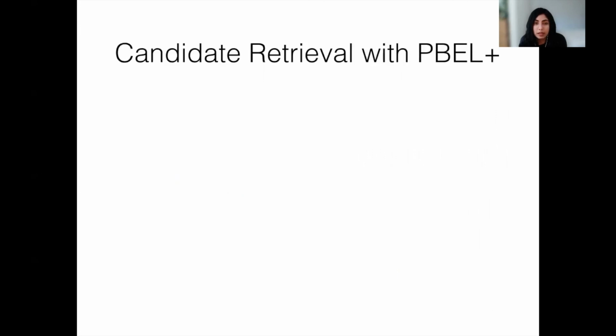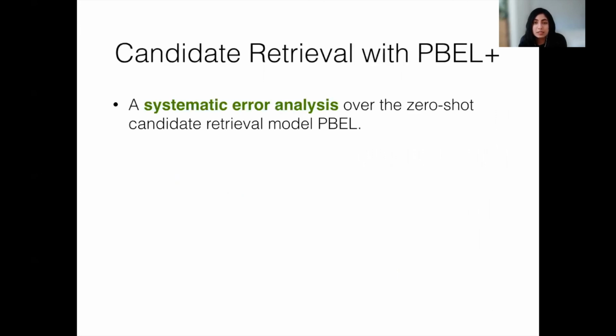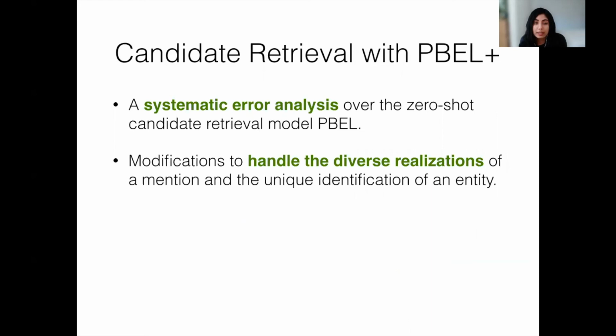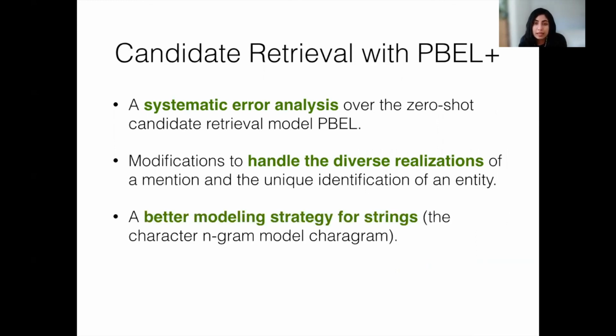To conclude, in this part, we presented a systematic error analysis over the pivot-based entity linking method and discussed modifications to highlight the diverse realizations of a mention, as well as of the unique identification of an entity. We also replaced the LSTM encoders with character n-gram-based encoders that improve string representations in the model.